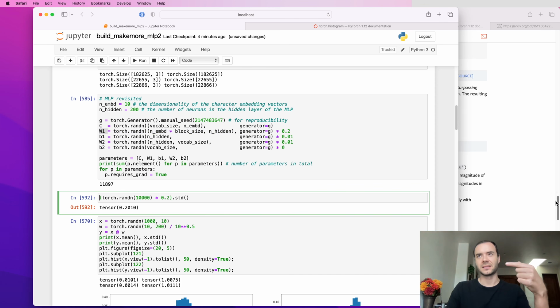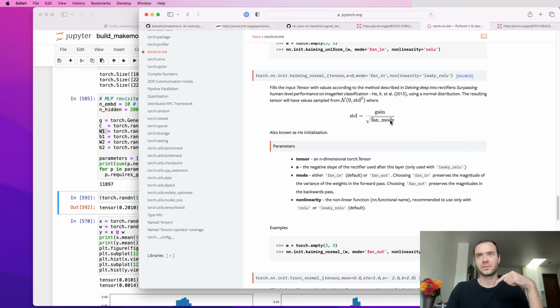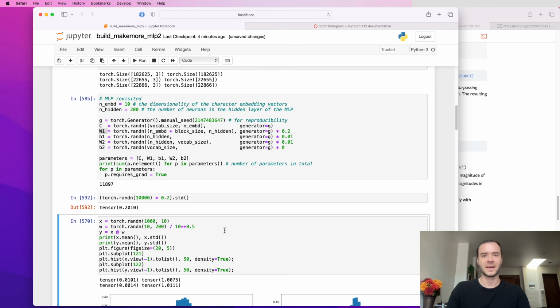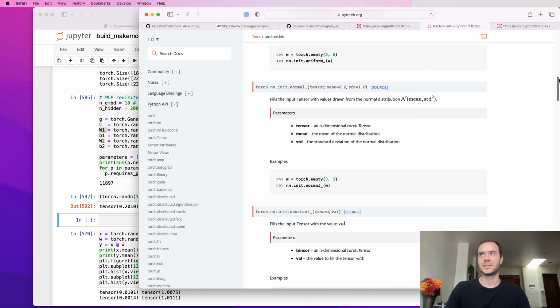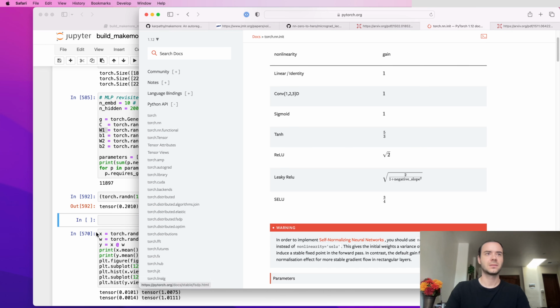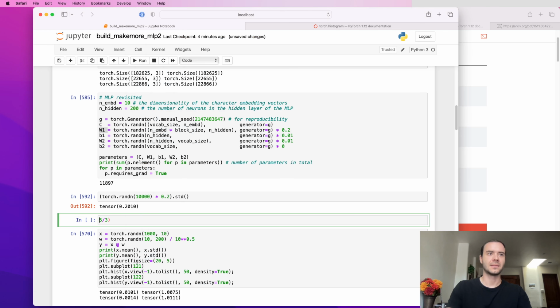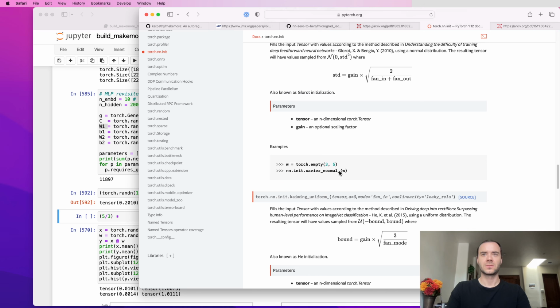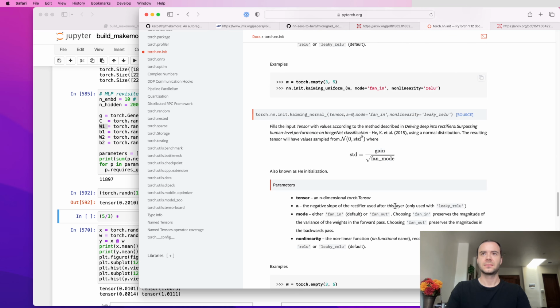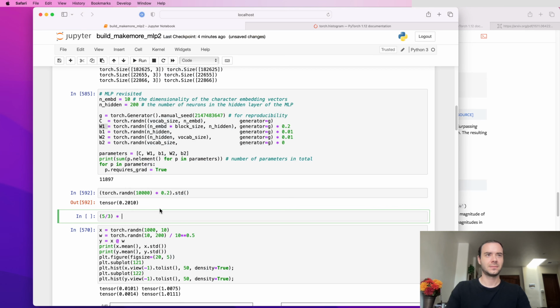But we want to set the standard deviation to gain over square root of fan mode, which is fan-in. In other words, we want to multiply by gain, which for tanh is 5/3, divided by the square root of the fan-in.